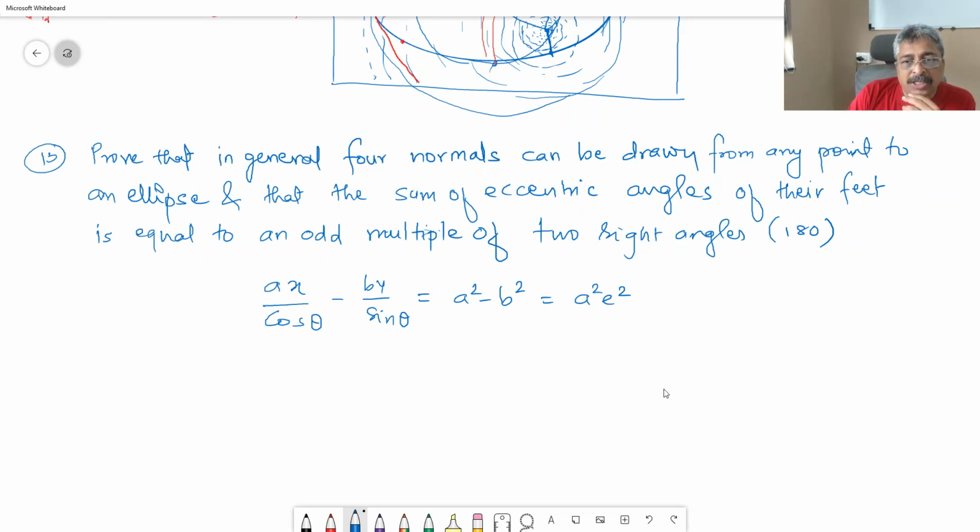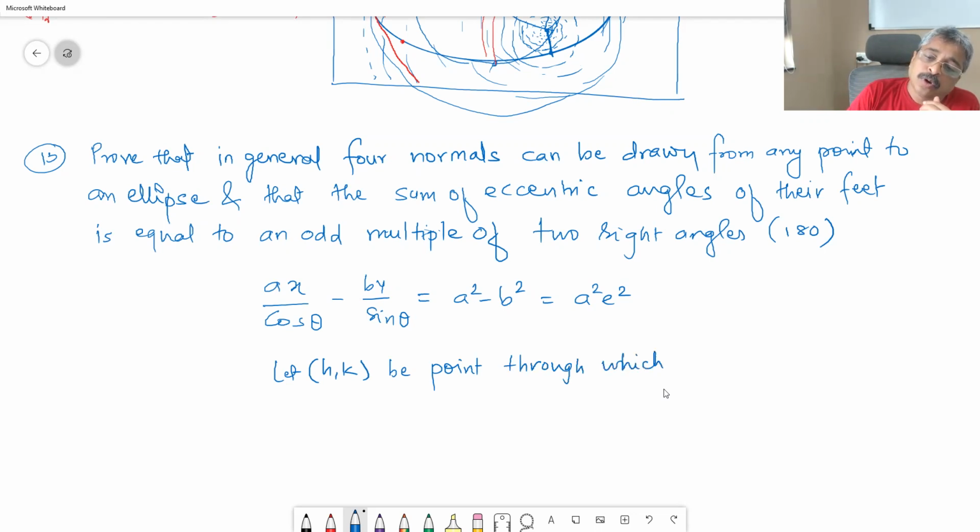and all these four lines are passing through, say, h comma k. Let h comma k be the point through which all normals are possible.